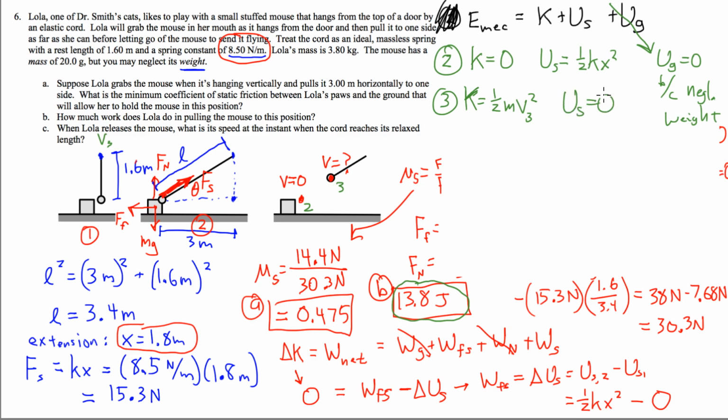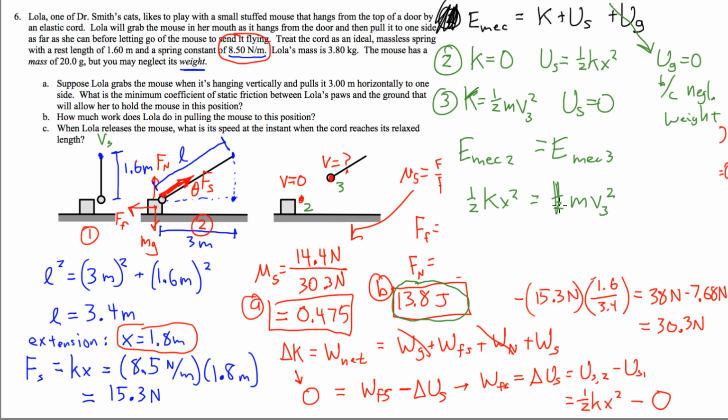And US equals 0. So now we do conservation of mechanical energy, which is K plus US at state 2 equal to EMEC at state 3. EMEC 2 equals EMEC 3. And we just say 1/2 kx squared equals 1/2 mv3 squared. Oh, sorry, not cubed, squared.